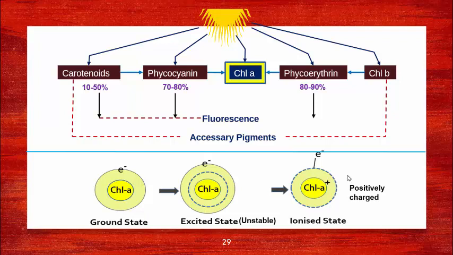The energy absorbed by all these other pigments is transferred to chlorophyll A molecule. All such pigment molecules which help the chlorophyll A molecule to complete the photochemical act are called accessory pigments. Chlorophyll B, chlorophyll C, chlorophyll D, chlorophyll E, carotenoids and phycobilins are important accessory pigments.